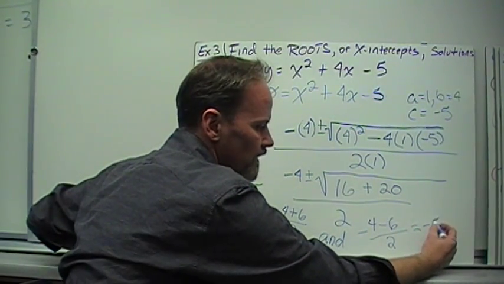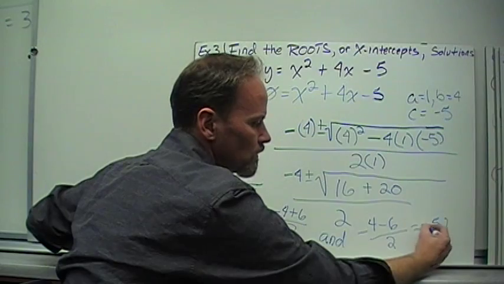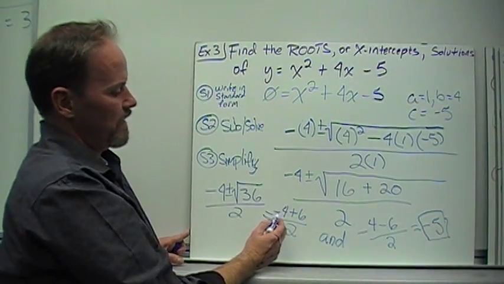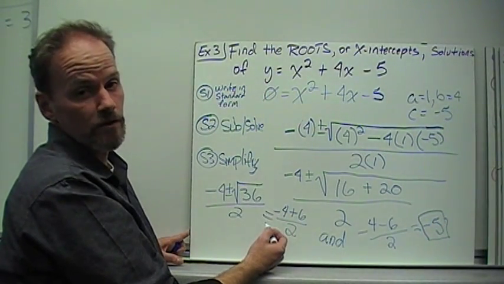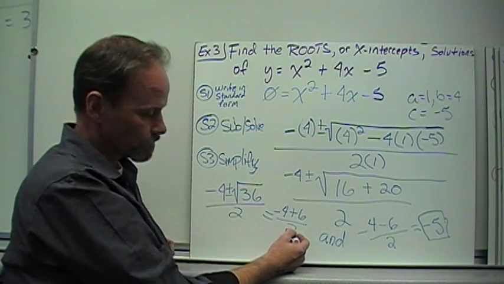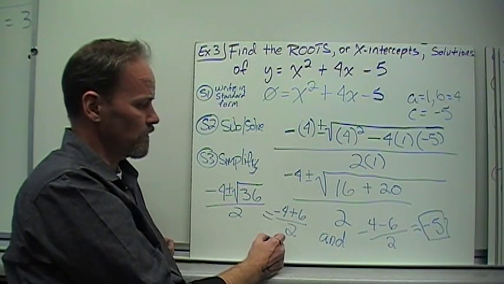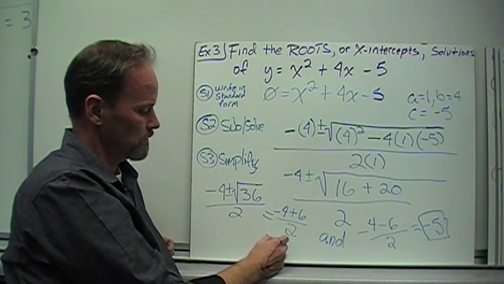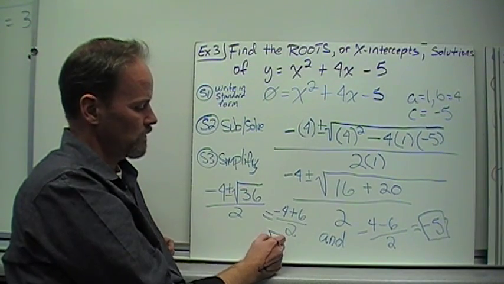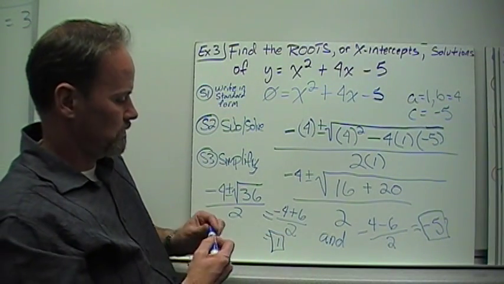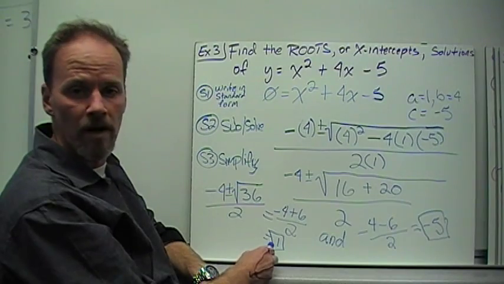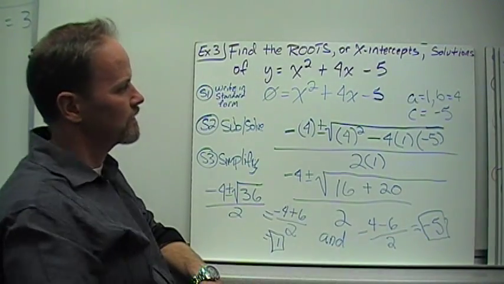That's a negative 5. Negative 4 plus 6, that's a positive 2. Positive 2 divided by 2 equals 1. So my roots, x-intercepts, should be 1 and negative 5.